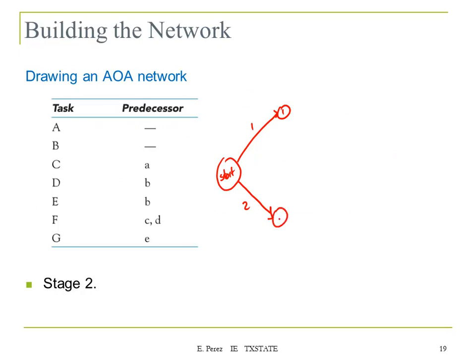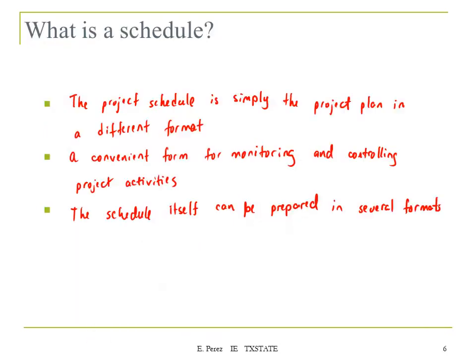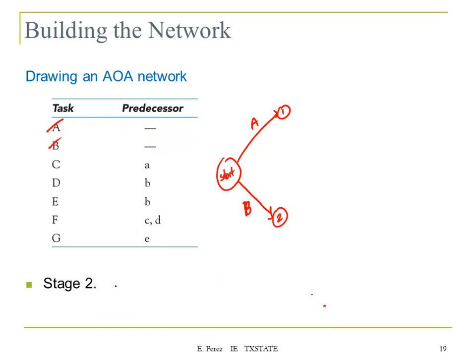I'm sorry, this is A and this is B. Let me change the color. So now we go from 1, because C is connected to A, so we're going to have an arc coming from here, and this is going to be activity C.